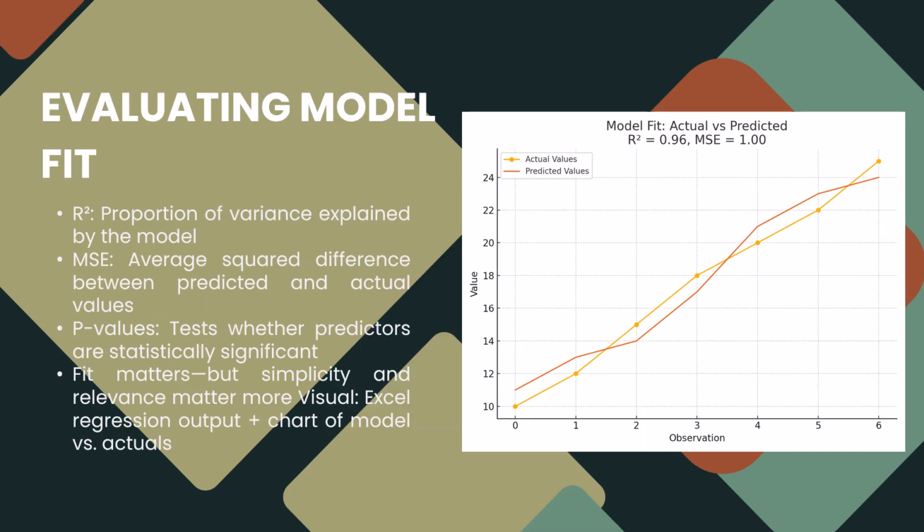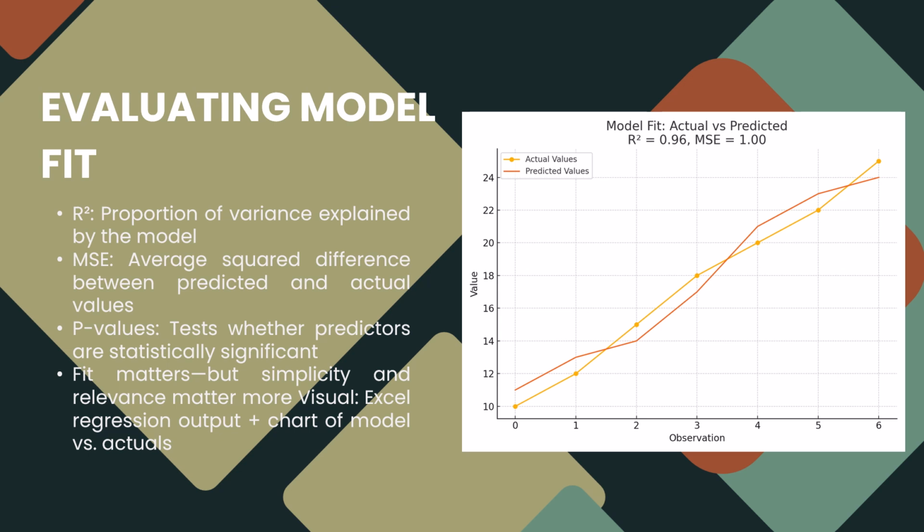So once we build a model, we need to evaluate it. Remember I mentioned R squared earlier. The R squared tells us how much of the variation in the dependent variable is explained by the model. The closer to one, the better. And MSE shows how close predictions are to actual results.